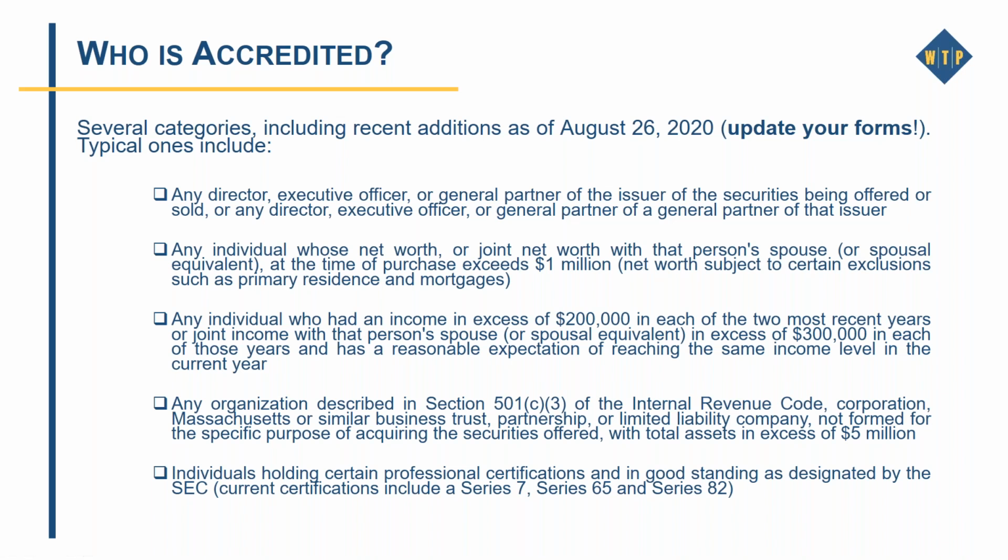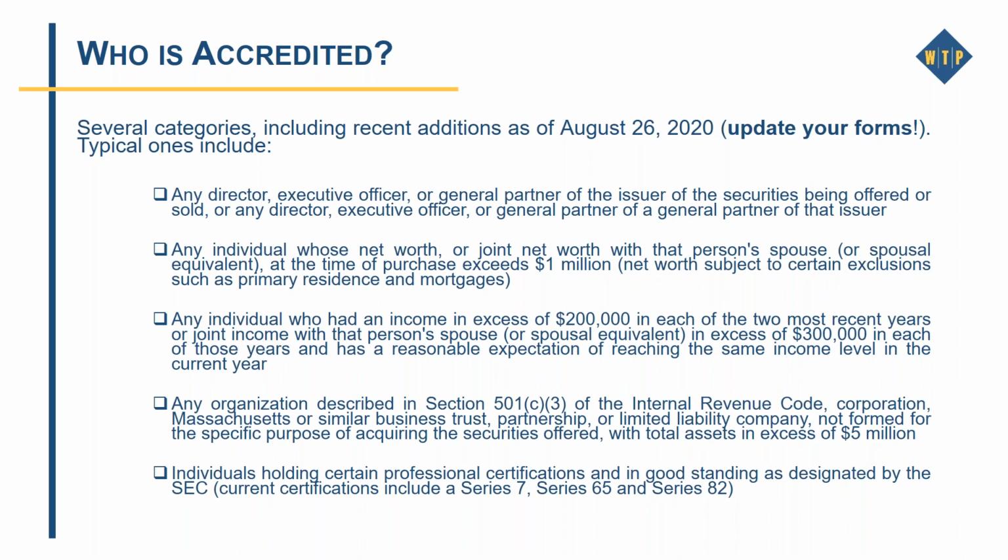There's a whole host of people who qualify as being accredited. You've got the high net worth individuals. Either their net worth or joint net worth with that person's spouse or spousal equivalent is in excess of $1 million. And that test excludes some assets like your primary residence.